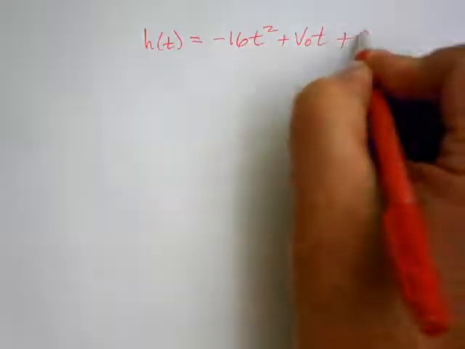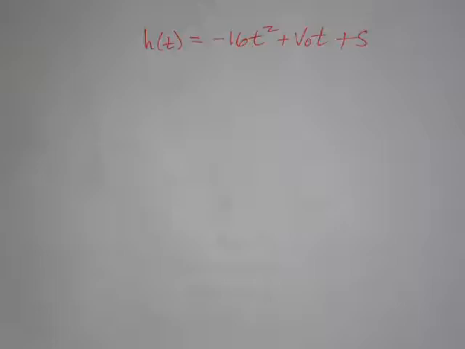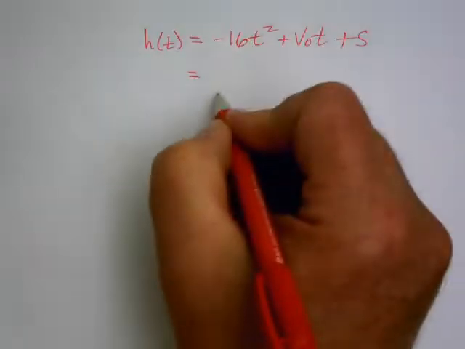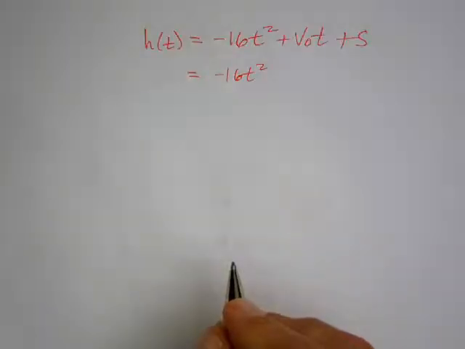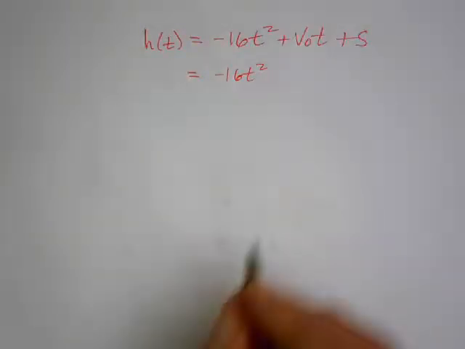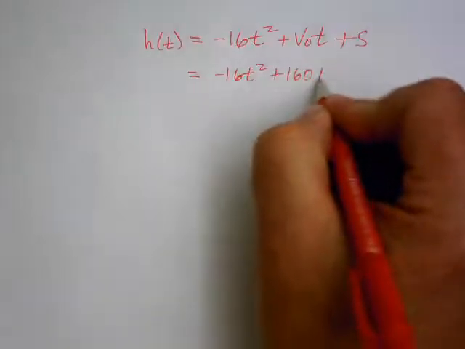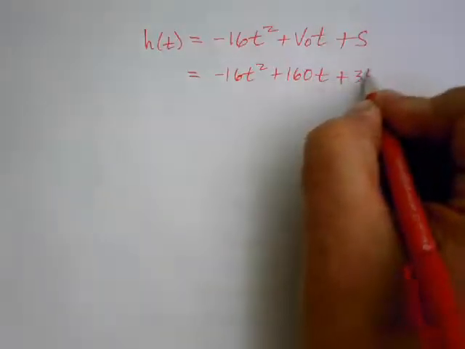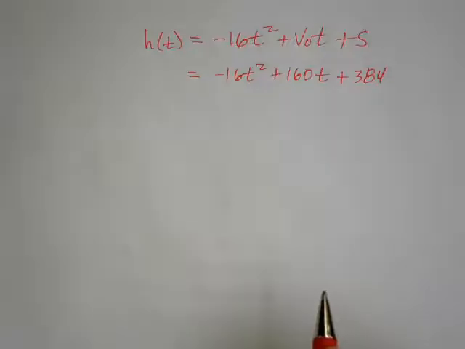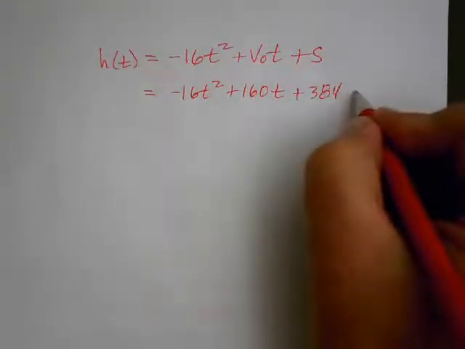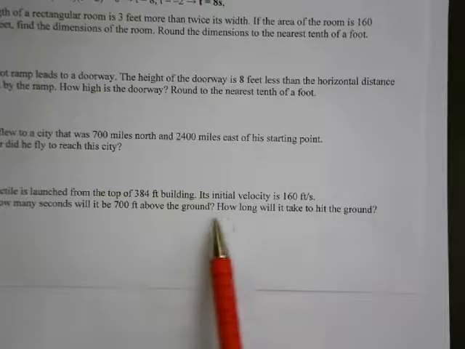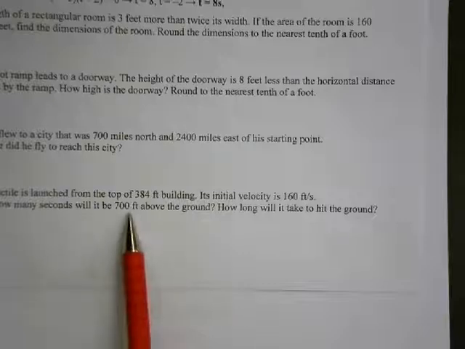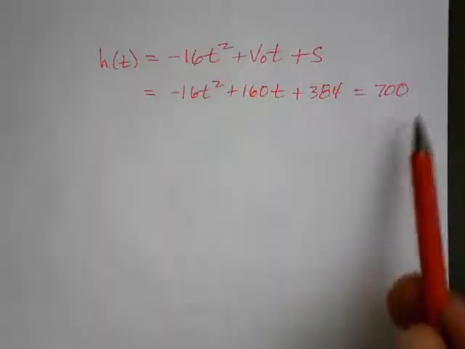So we're 384 feet above the ground, and we're starting at 160. But in this case, we want to know when we're at 700 feet. So after how many seconds will it be 700 feet above the ground? So we're going to solve for t, but we want to know when that height is 700.